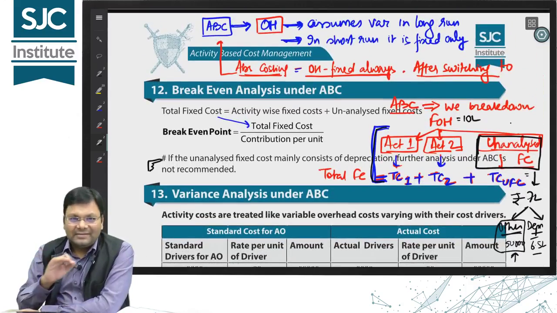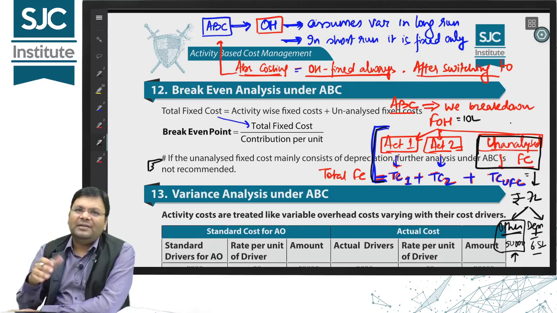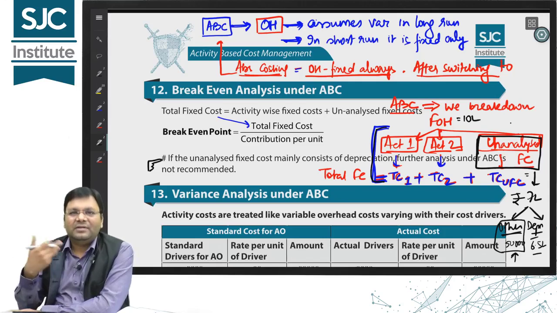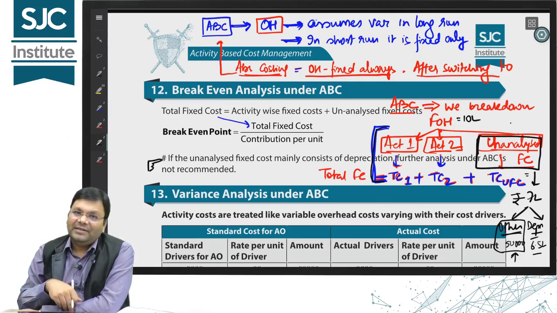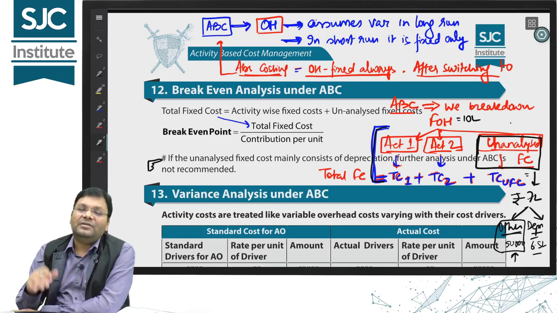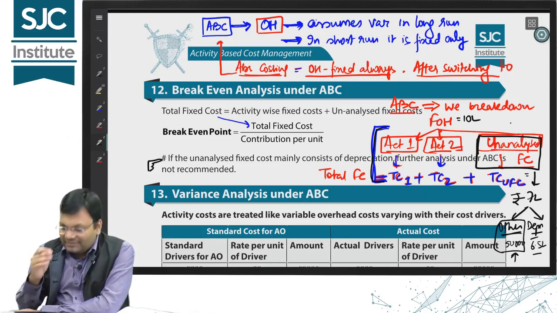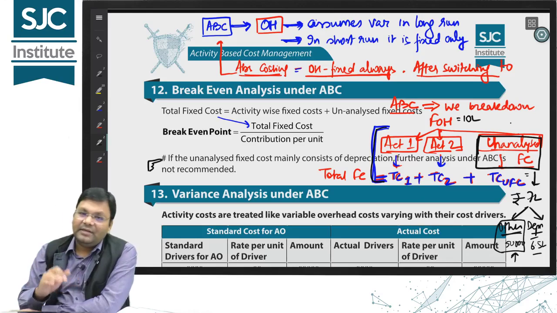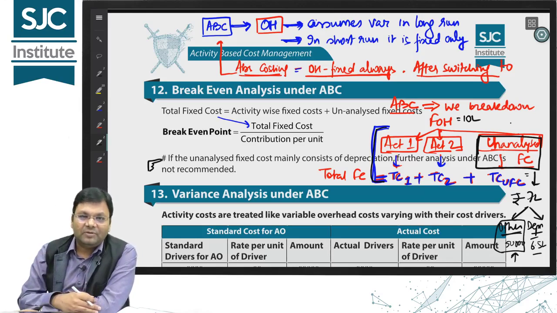Just to sum up, what happens in absorption costing? It's a normal break-even point, total fixed cost divided by contribution per unit. But with activity-based costing, in the initial days, total fixed cost remains the same as in absorption costing.